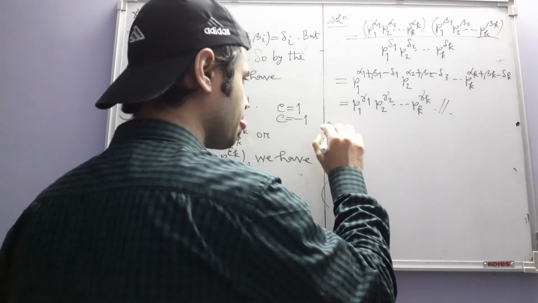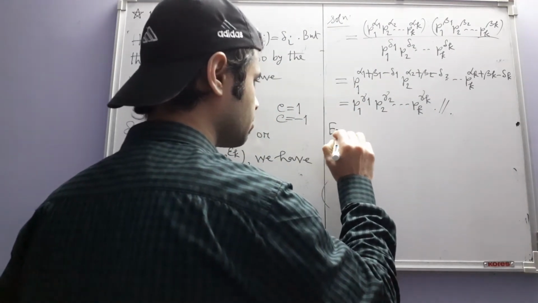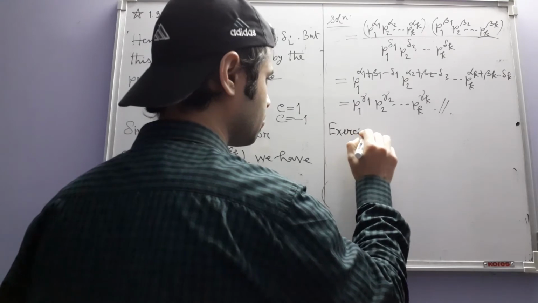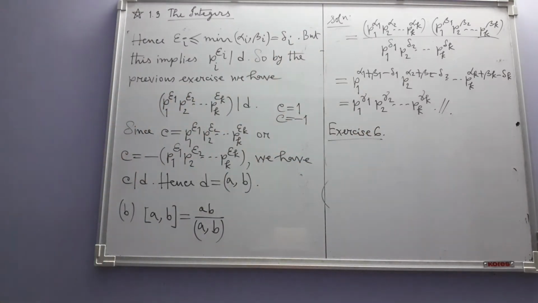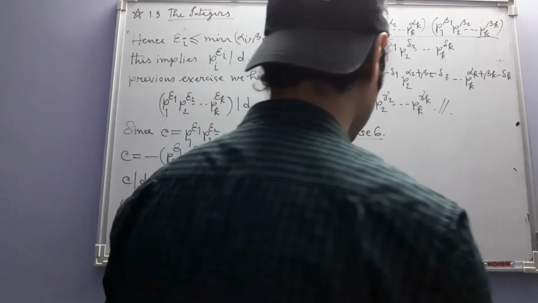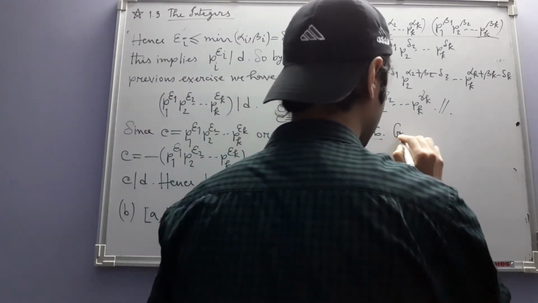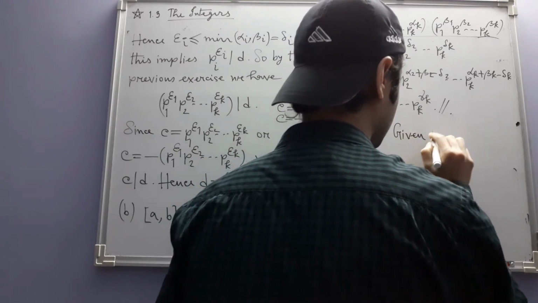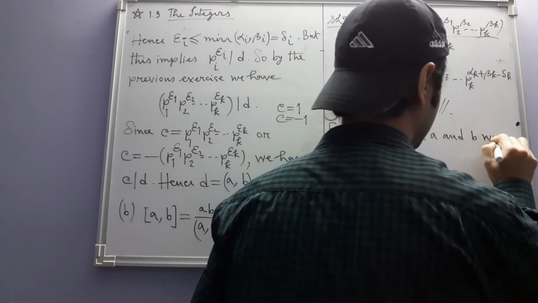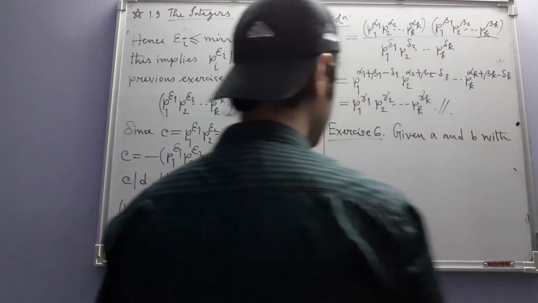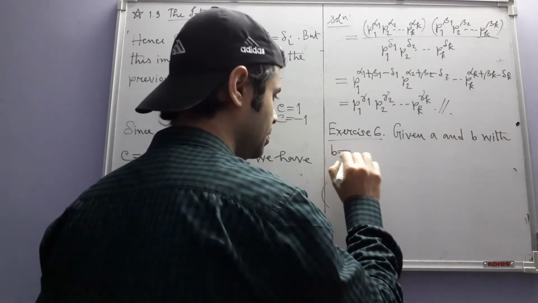Now we see the sixth one. Okay, so what does the sixth one say? Given A and B are two integers, with B non-zero.